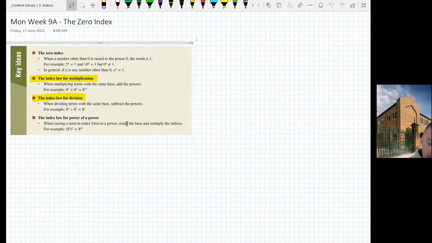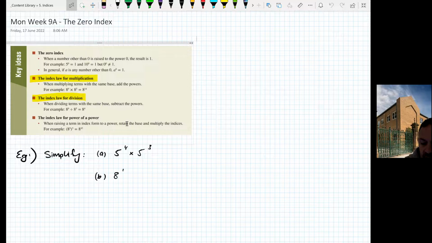Now, I'm just going to do a couple of examples, which say something like simplify 5 to the power of 4 times 5 to the power of 3. And then I'm going to do 8 to the power of 10 divided by 8 to the power of 2.